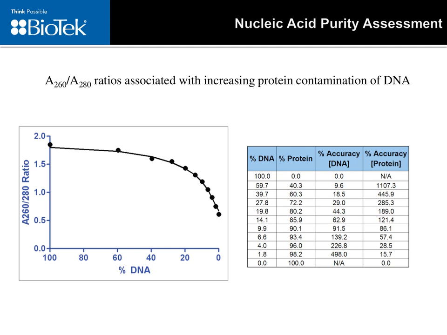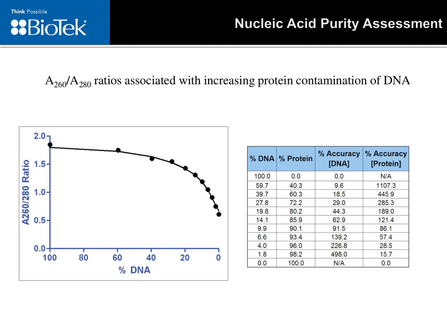The accuracy of DNA and protein concentrations were calculated using peak absorbance measurements at 260 and 280 nanometers respectively, and the extinction coefficients of 50 nanograms per microliter and 0.667 micrograms per microliter for DNA and protein respectively were used for comparison and calculation of the determinants at the expected values, and these are presented as a percent accuracy.